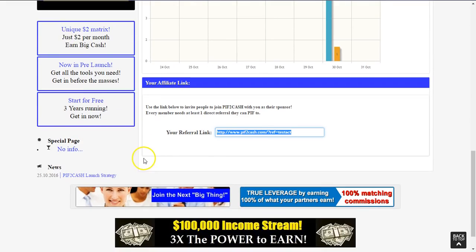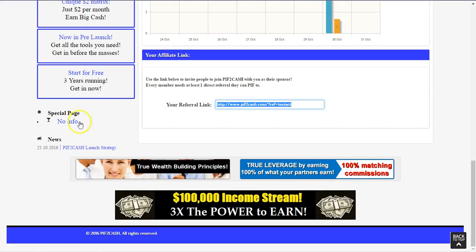Also down here, since we're scrolled down, you're going to see over here the news. This is important. You should be checking your news on a regular basis. Don't be afraid to look over here, because there might be news about a launch or a webinar, or information about a new strategy developed by an analyst or myself that you can use to help build your income here at PIF2CASH.